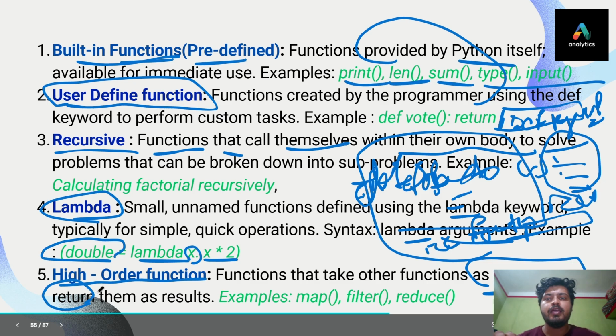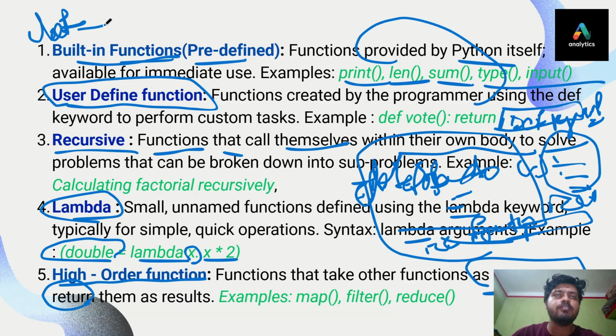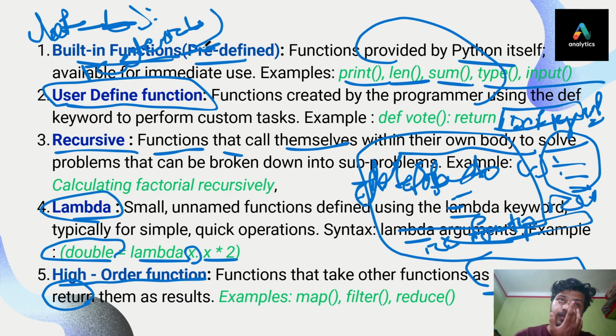You define a function with the function name, and there is another function as argument or in the return. This is the syntax of a higher order function. Two or more functions are there in the argument or in the return type.